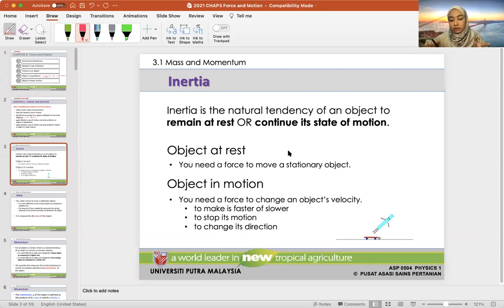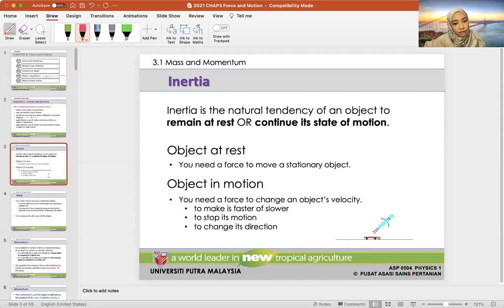So when you have achieved a state of motion, you like that motion to happen continuously unless, tu nanti kita sambung kemudian. So inertia is the natural tendency of an object to remain at rest or continue its state of motion. Object at rest, you need a force to move the stationary object.